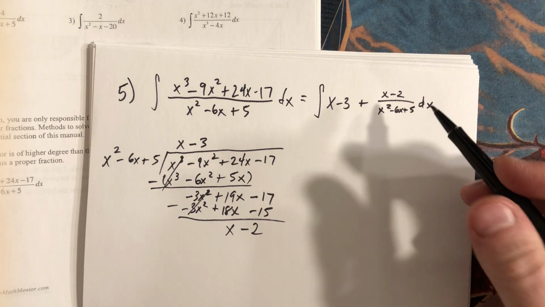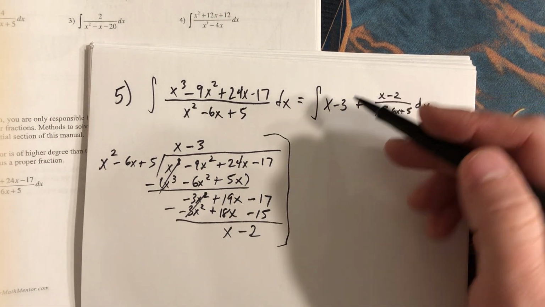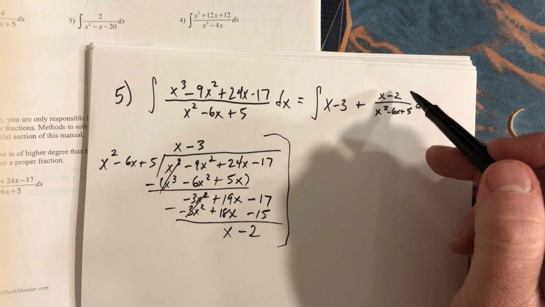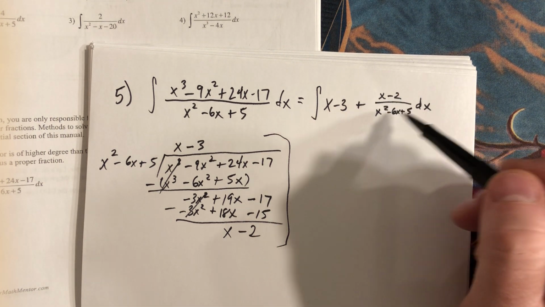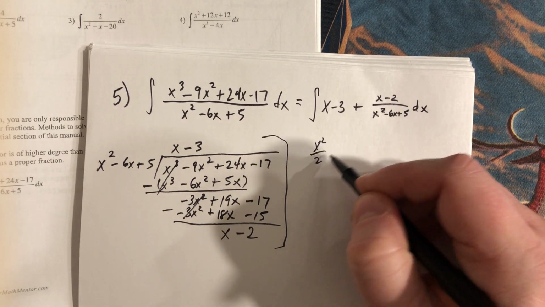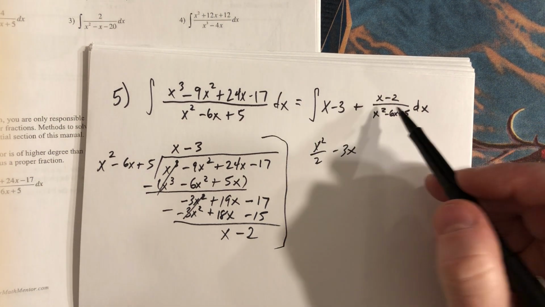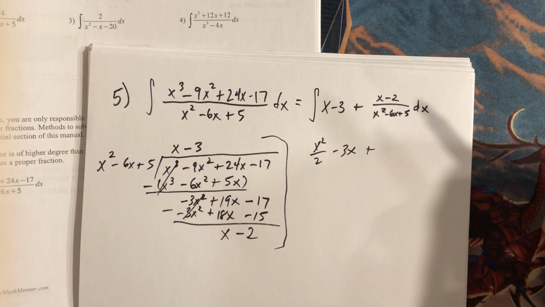And now all I have to do, right after all that, is partial fraction decomposition on this guy, and that'll lead us to an easy integral for this. So it's going to wind up being x squared over 2 minus 3x plus, and then we'll have to go and do the work for that part.